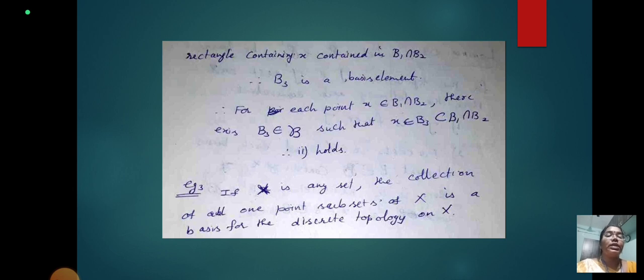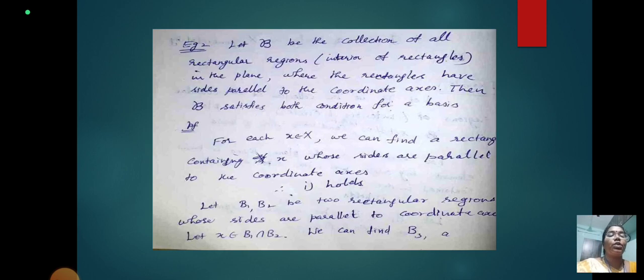Therefore, B3 is a basis element. Hence, we conclude that for each point x belongs to B1 intersection B2, there exists B3 belongs to script B such that x belongs to B3 subset of B1 intersection B2. Therefore, condition 2 holds. Hence, script B, the collection of all rectangular regions, interior of rectangles in the plane, is a basis on the plane.